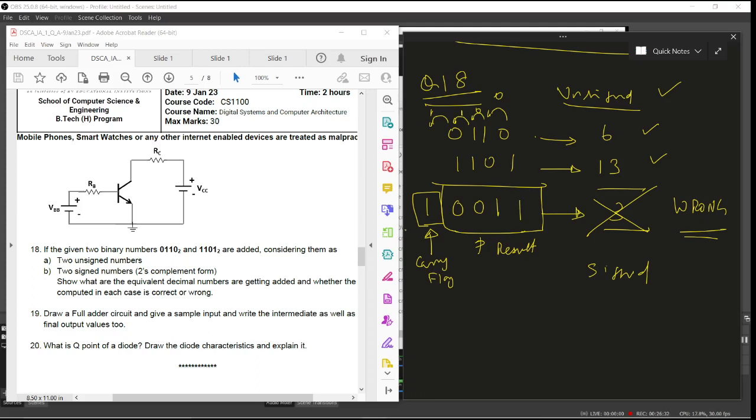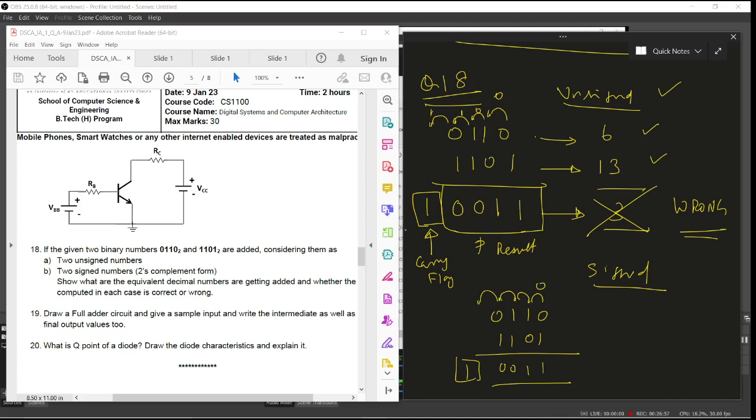Now let us look at the signed value. The same addition is performed in signed also. Maybe I will repeat the same thing here just for clarity, but it's not anything different. The addition is the same, the result is also going to be the same value, and there is going to be a carry flag here. Now let us follow the carries which are coming, which I'll show shortly using the hardware circuit.